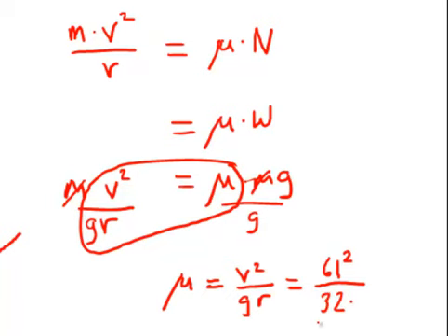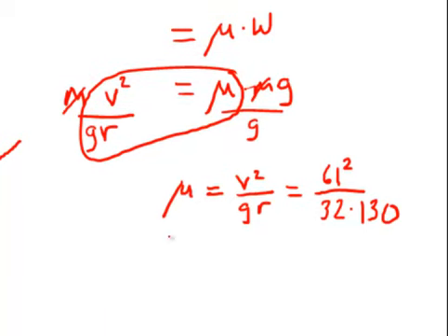The radius in this problem was 130 feet. The weight of the car, 5,200 pounds, doesn't come into play at all because earlier you saw that mass canceled out. So this calculation is simple enough: 61 squared divided by 32 divided by 130 gives us a coefficient of 0.89 required.